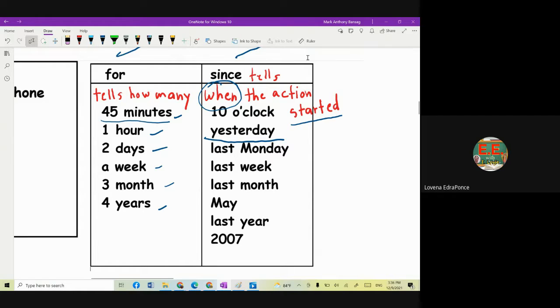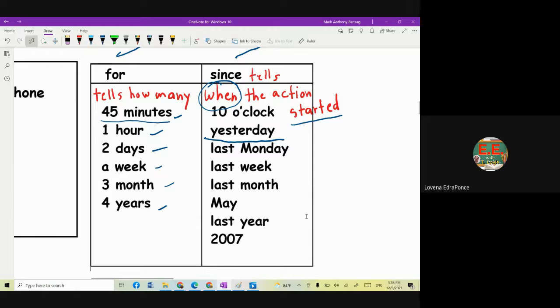And if we're going to use since, it tells us when the action started, like since 10 o'clock. The action started at 10 o'clock. Yesterday, last Monday, last week, last month, May. Since May.